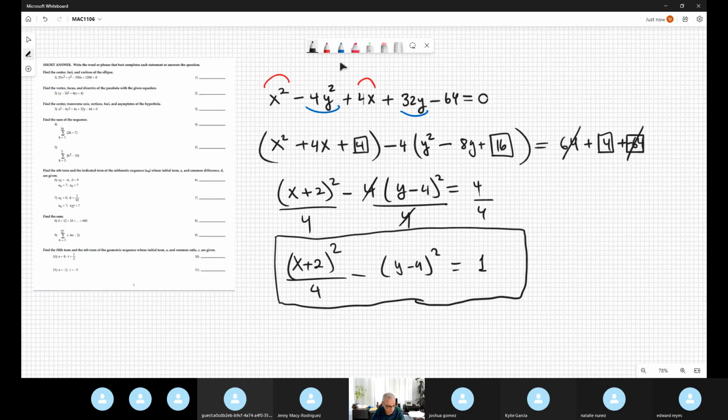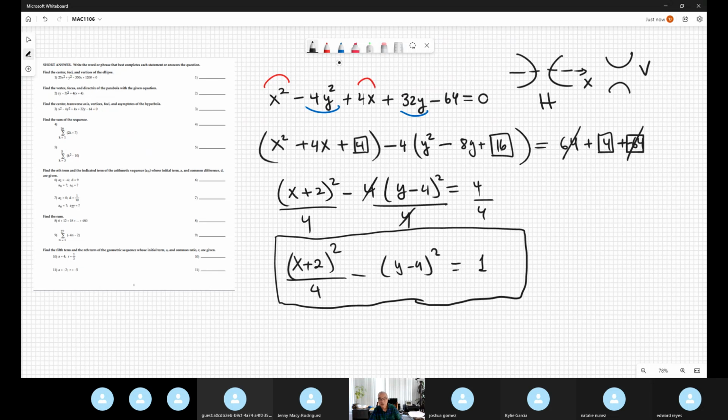Now, center. Well, no, center no. I need to determine what kind of hyperbola. Remember, we have two kinds, horizontal hyperbola or vertical hyperbola, and that depends on who is positive and who is negative. X is positive, so it's obvious that the transversal axis lies parallel to the x-axis.